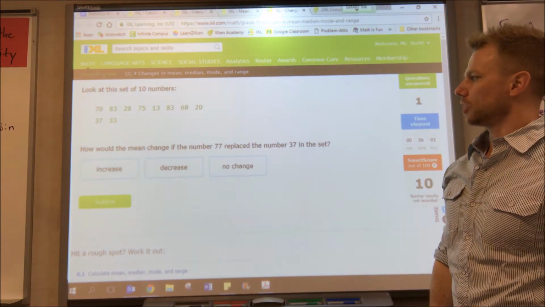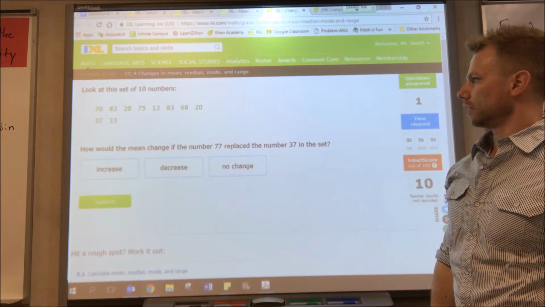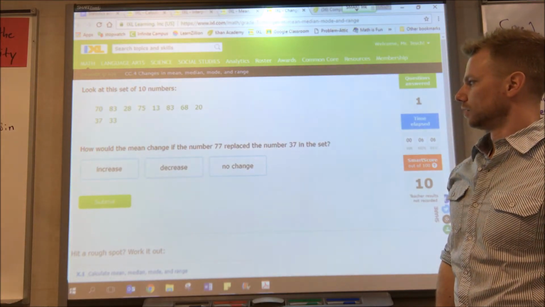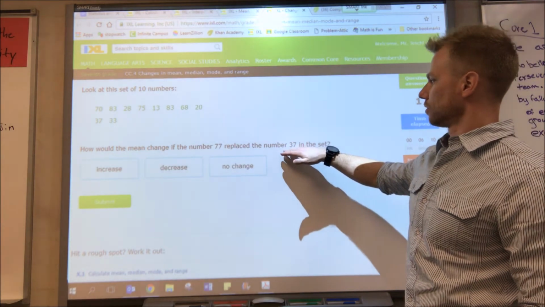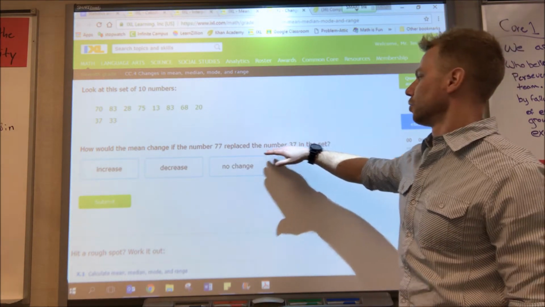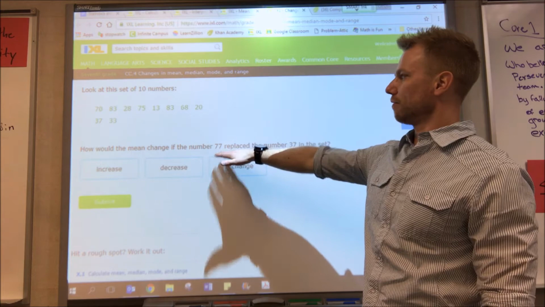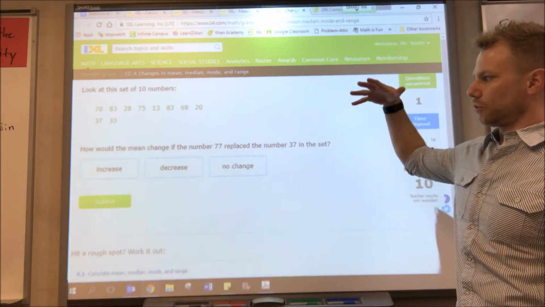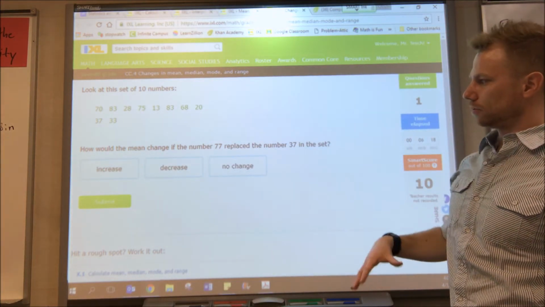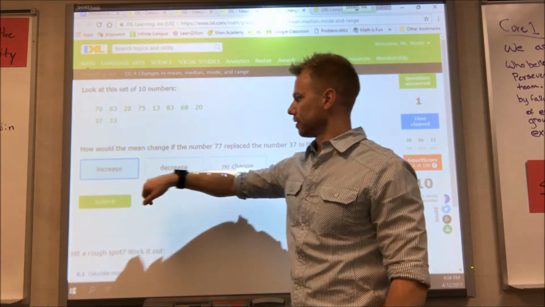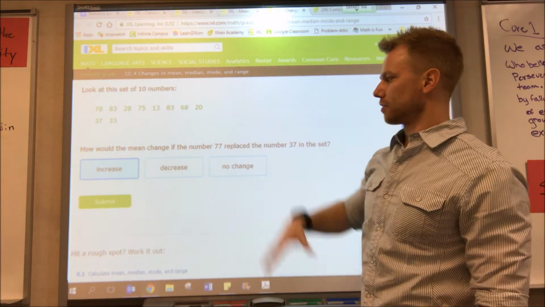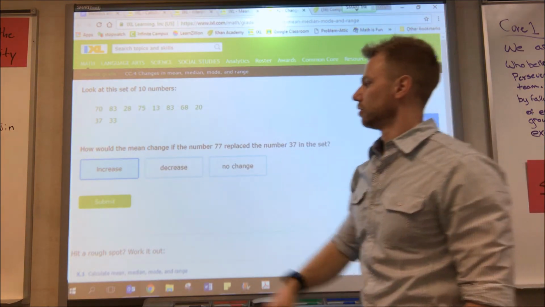How would the mean change if 77 replaced the number 37? Okay, so we're taking a smaller number, 37, replacing it with a bigger number, 77. So would the average or the mean go up, down, or not change? Well, it would go up, because if you're adding a bigger number to it, that's going to pull up the average.